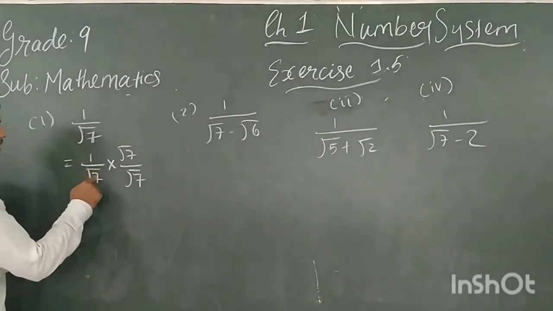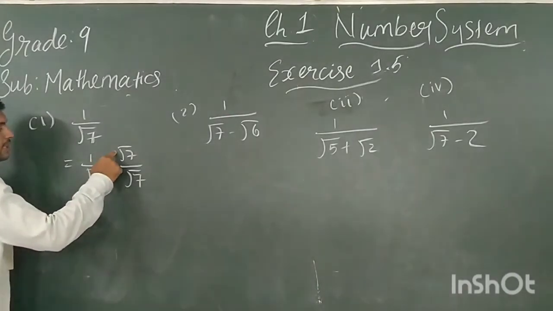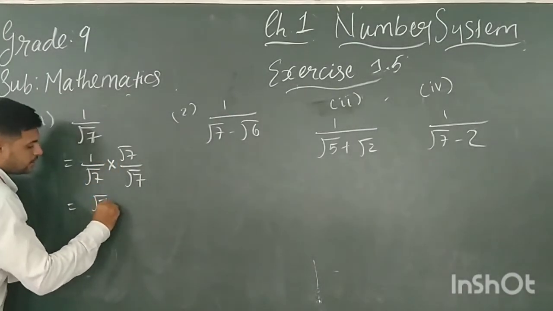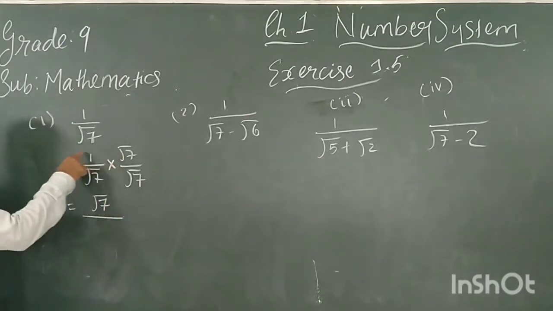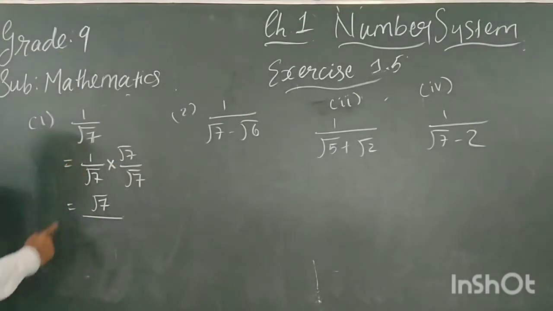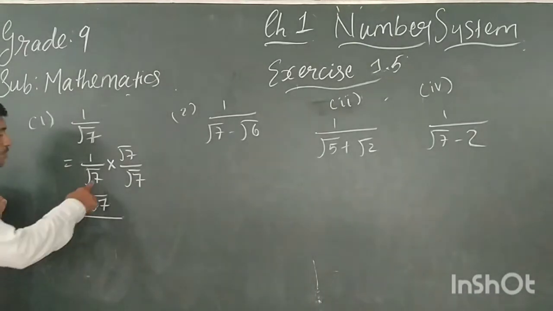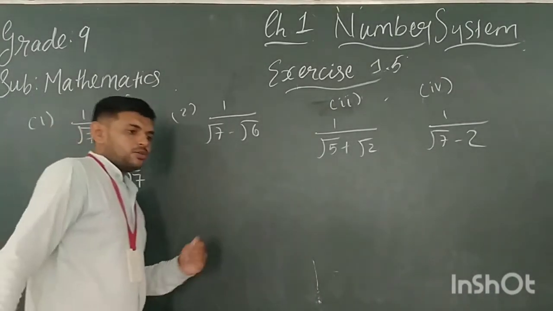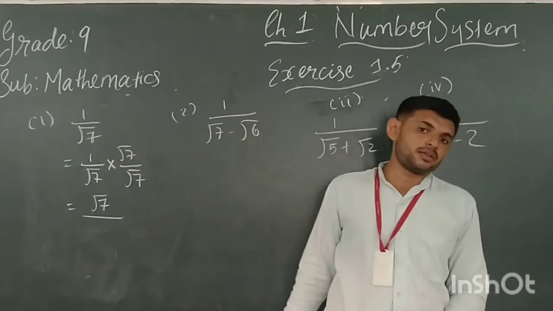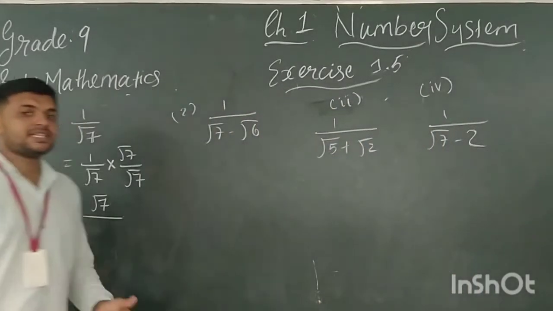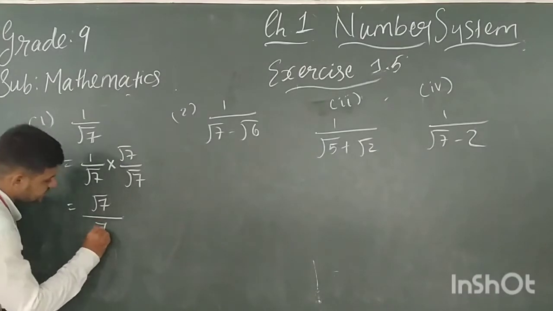So 1 into root 7 becomes root 7, because anything multiplied by 1 is the number itself. And root 7 into root 7 gives the square of root 7, and the square of root 7 is 7.